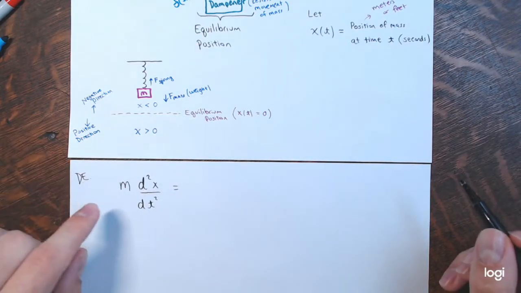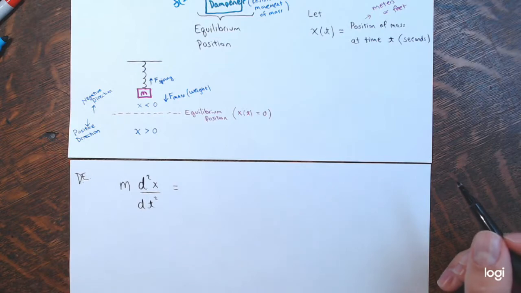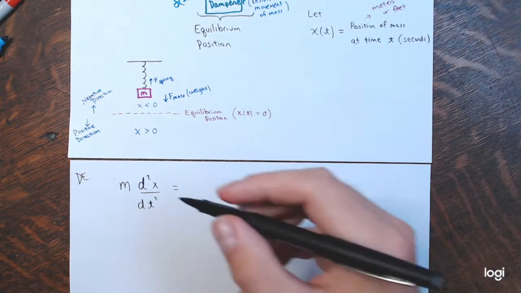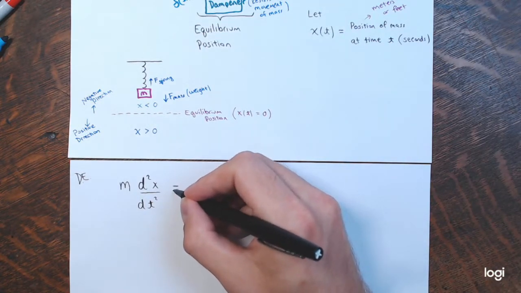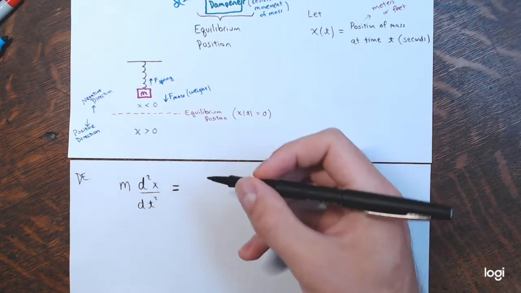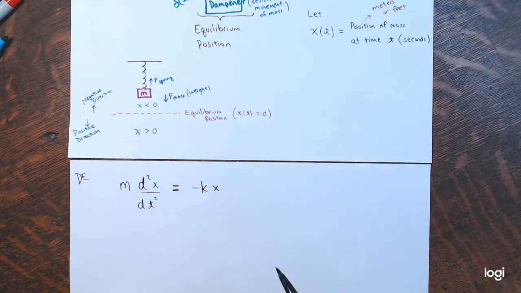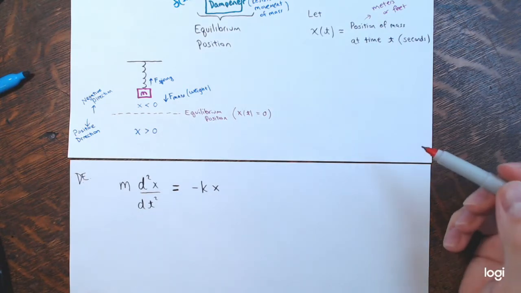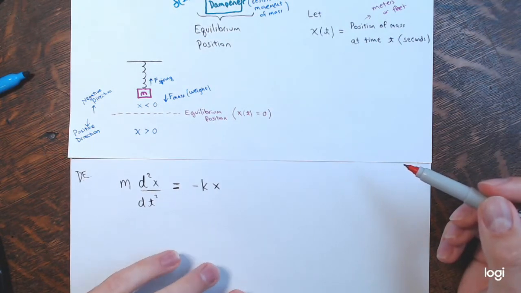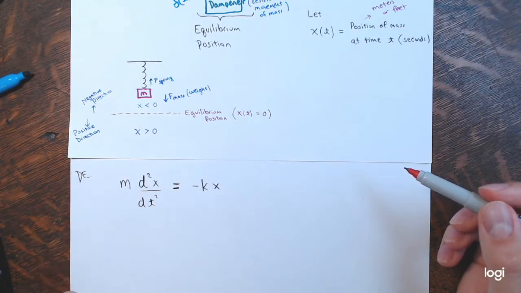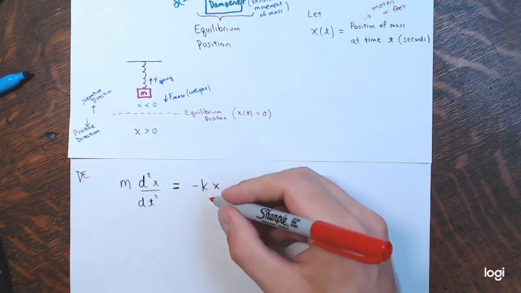And this mass times acceleration should be equivalent to the net forces acting upon the object. Well, there was the negative k times x, which resulted from Hooke's law, the force of the spring acting in the opposite direction of the motion of the object.